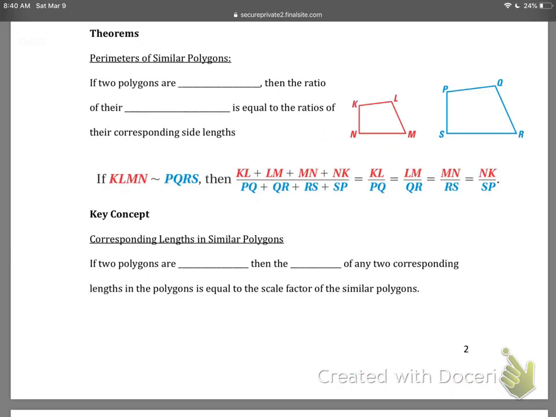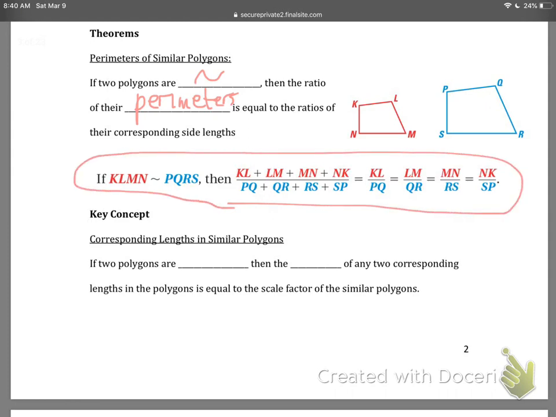Okay, this is a continuation of what I was just speaking about. So we already know that we have these words in here, similar and perimeter. I went over the theory on the other page, and here I've written it all out, matching up the colors. So that should help you understand what I just said on the previous slide. So the key concept at this point we want to talk about is corresponding lengths in similar polygons.